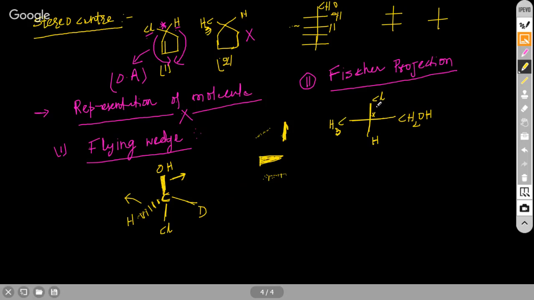Now, what is the meaning of this Fischer projection? In Fischer projection, what happens? The horizontal bond, this bond, is coming towards the observer. Write down the two points here.